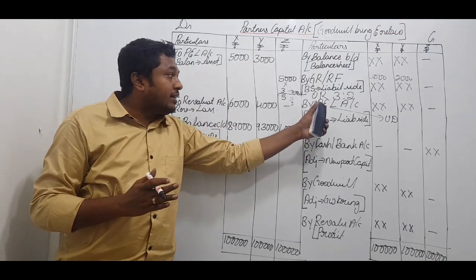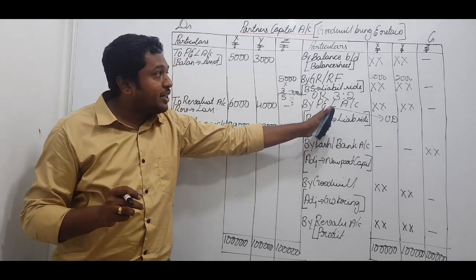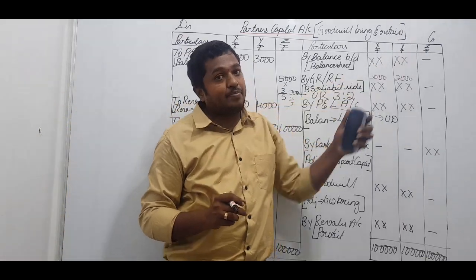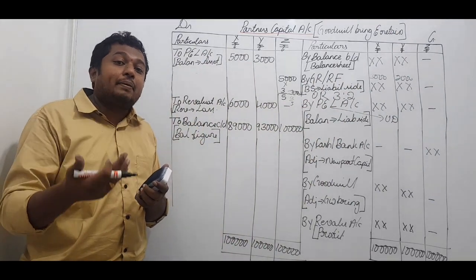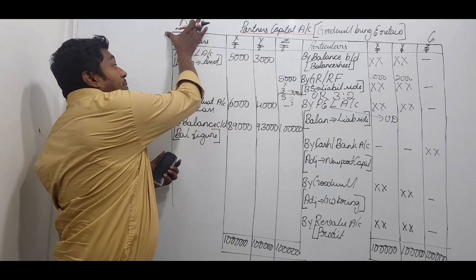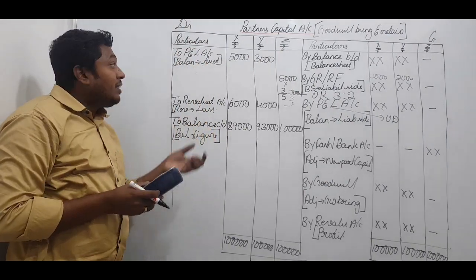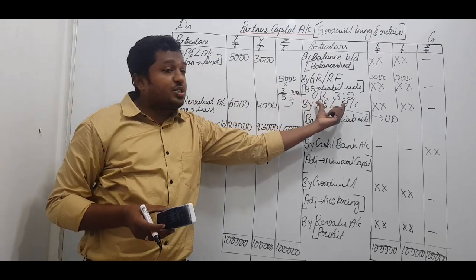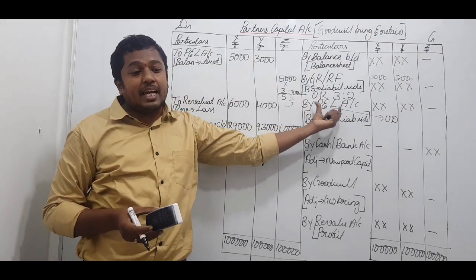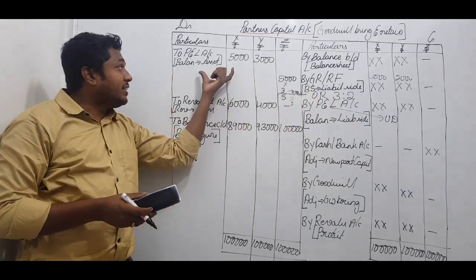If P&L appears under the liability side, it comes under the credit side. If P&L appears under the asset side in the balance sheet, it comes under the debit side. Just like how you distributed profit here, in the same way you have to distribute P&L in the old ratio here.